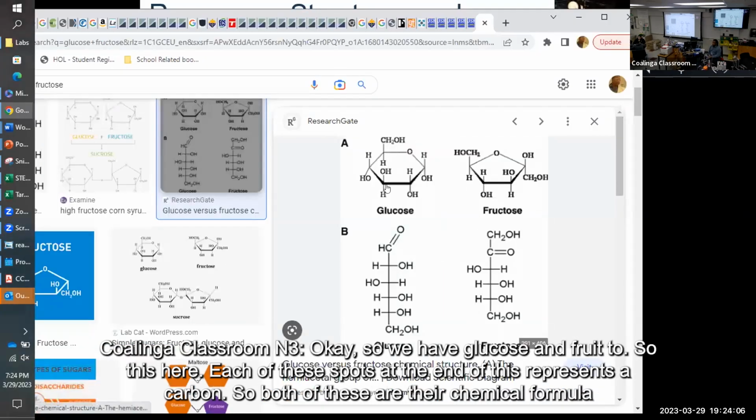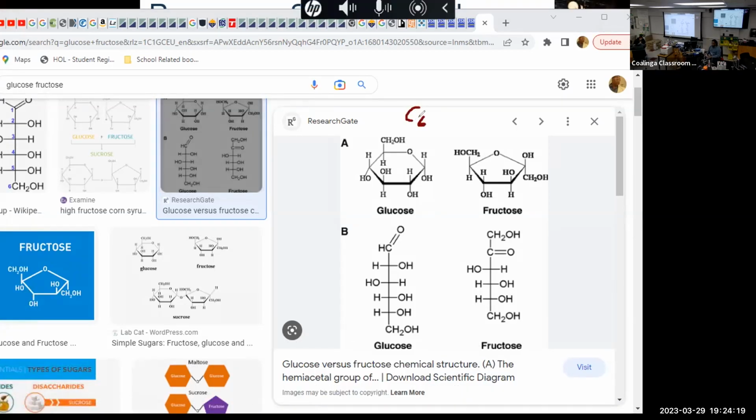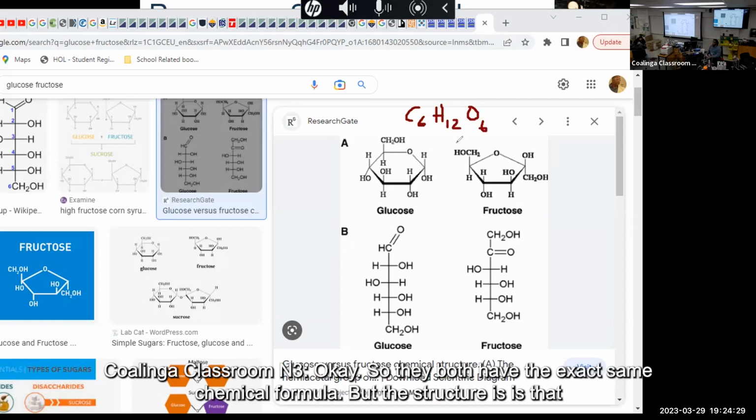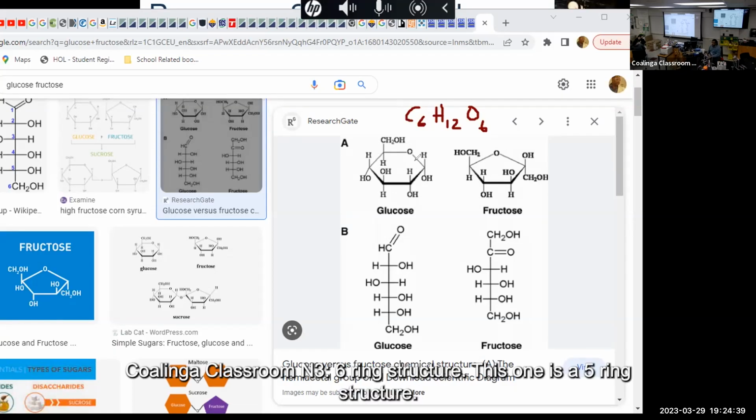Okay, so we have glucose and fructose. Each of these spots at the end represents a carbon. Both of these have the chemical formula C6H12O6. They have the exact same chemical formula, but this one is a 6-ring structure and this one is a 5-ring structure.